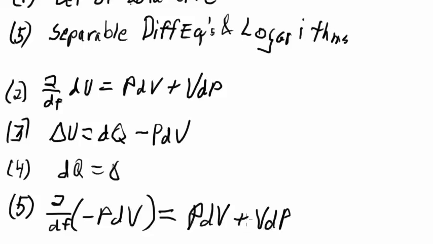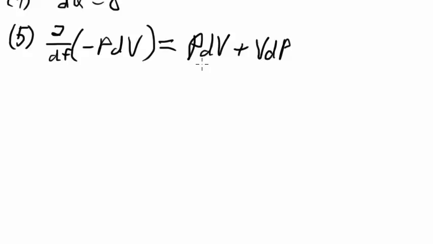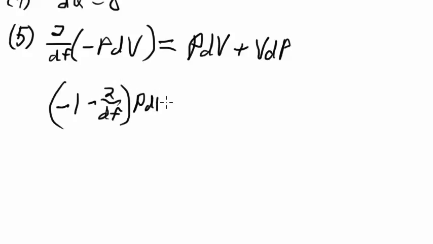And then we're going to do separation of variables and a bunch of logarithms and integration. We got a PdV over here, we got a PdV over here. We can subtract minus 1 minus 2 over df times PdV equals VdP.